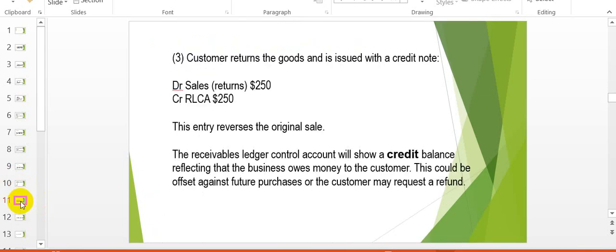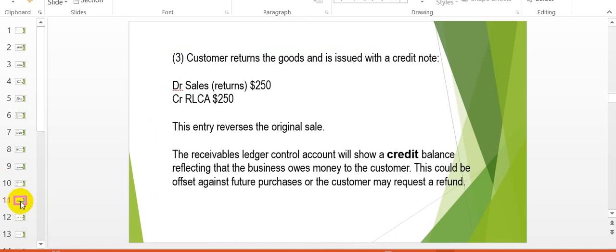However, for some reason or the other, the customer may return those goods, and if they do return the goods, on your end, you issue a credit note, which you send to the customer.